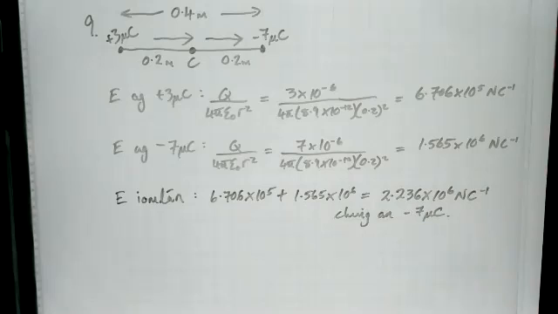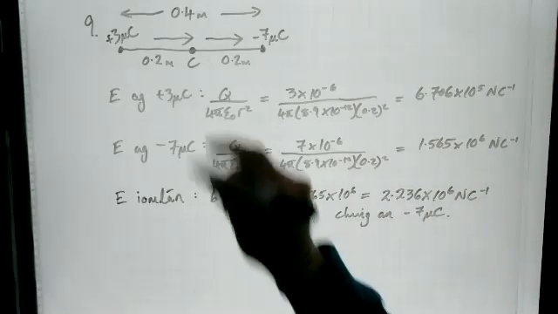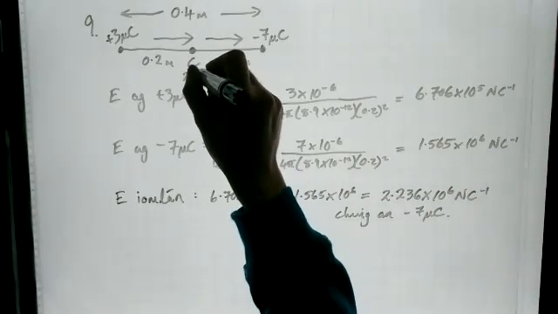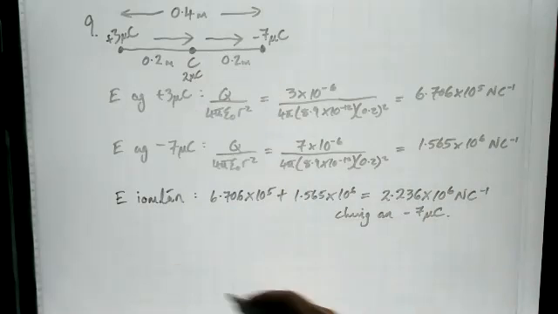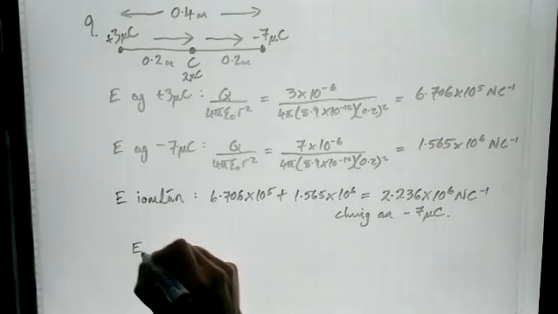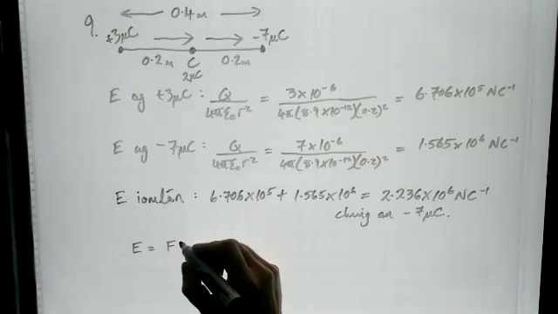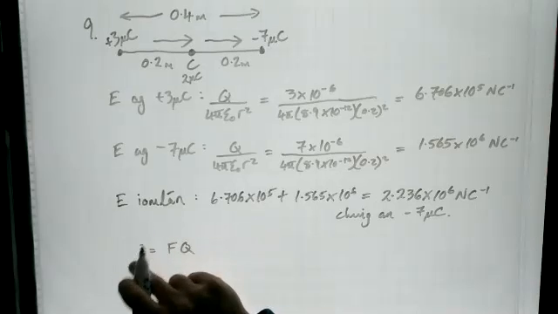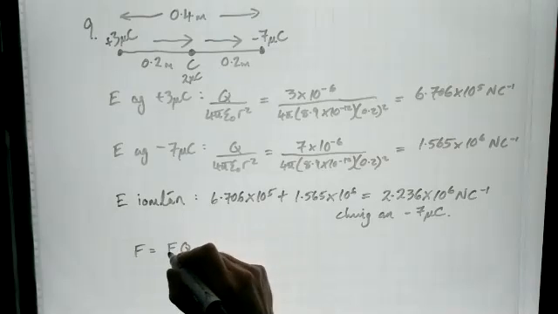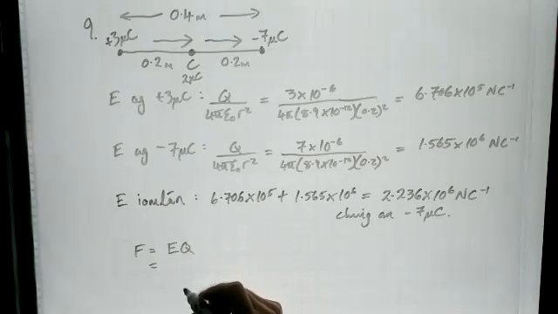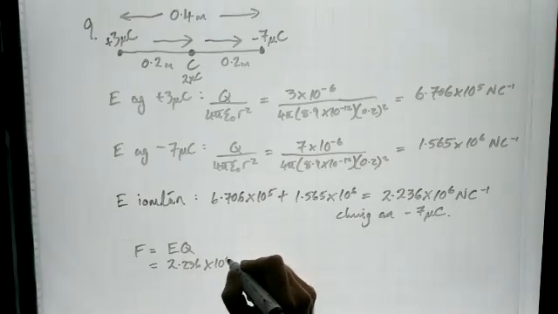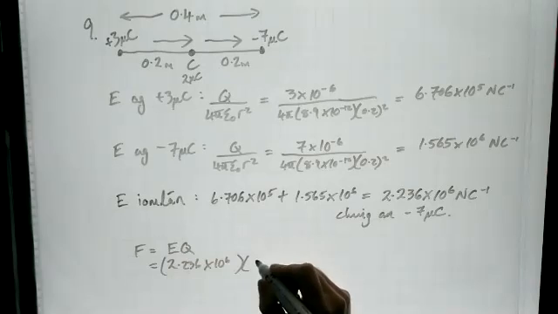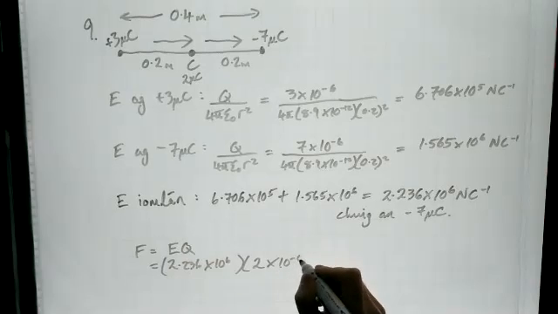Then the question: what is the force on a charge of 2 microcoulombs placed at this point? F equals EQ, so 2.236 by 10 to the power of 6 times the 2 microcoulomb charge, 2 by 10 to the power of -6.